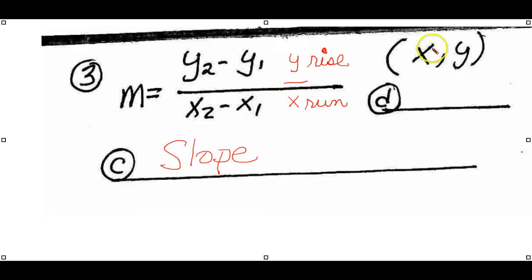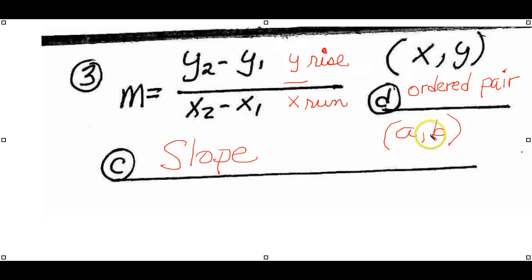Now, for this little d here, we're asking, what's this called? Give you a moment. It's called the ordered pair, that is x comma y. Now often we see, instead of using x and y, they'll use the letters a comma b.